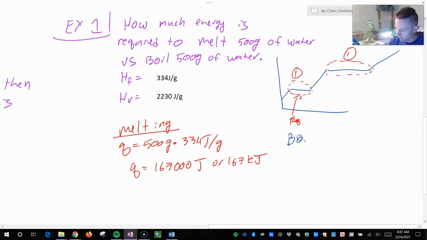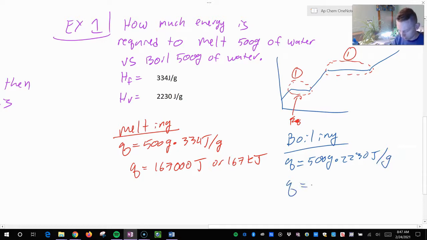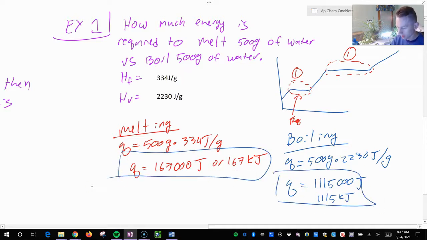And for boiling, okay, and we could see just based off the HF and HV values that it's going to take more energy to boil off the water compared to melting it. So there's an example of that.